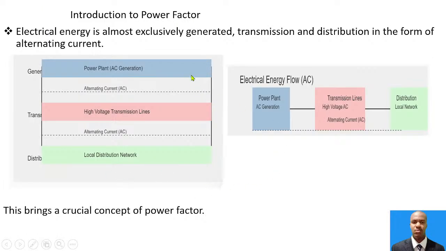So we know that electrical energy is exclusively generated. After you've done the generation, the next stage is transmission. Then after transmission, there is what we refer to as the distribution channels and networks.